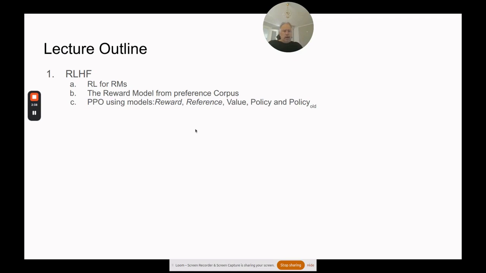Then we're going to talk a little bit about this technique called proximal policy optimization, PPO, which uses a series of models to fine tune and to generate a fine tuned model that comes out of RLHF that respects that corpus that we put in there.